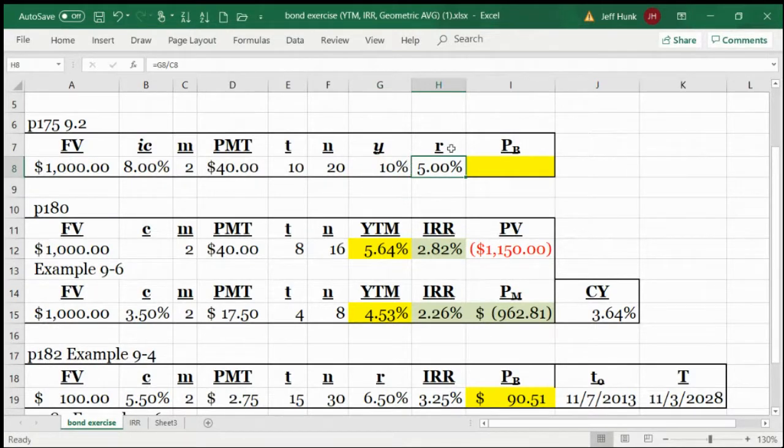So now the half-year rate would be 5%, because, of course, you all know we are dealing with semi-annual frequency. So the half-year rate, I mean 5%.